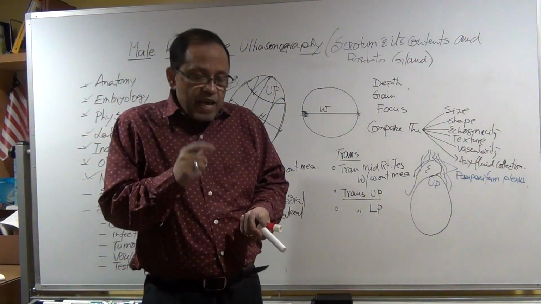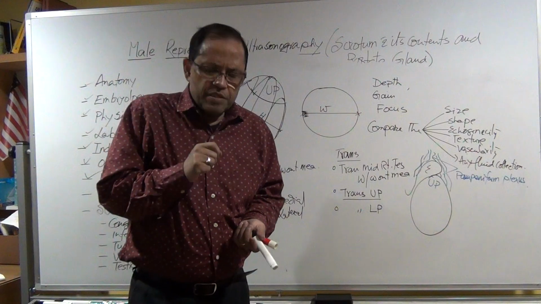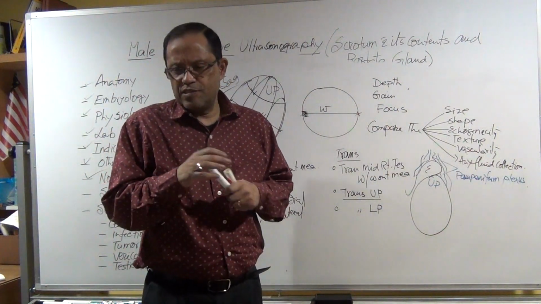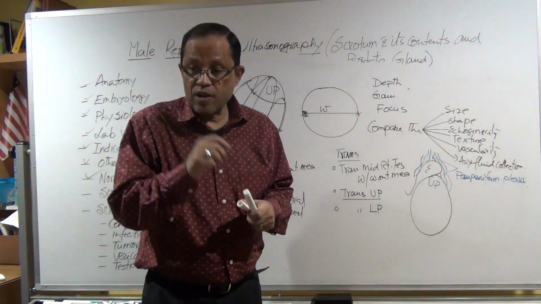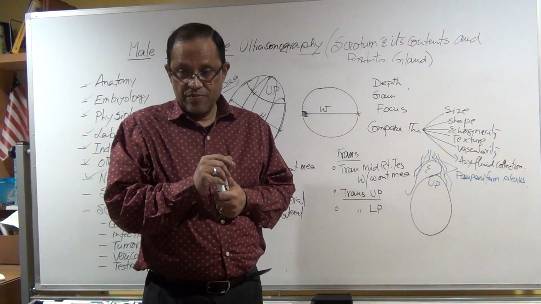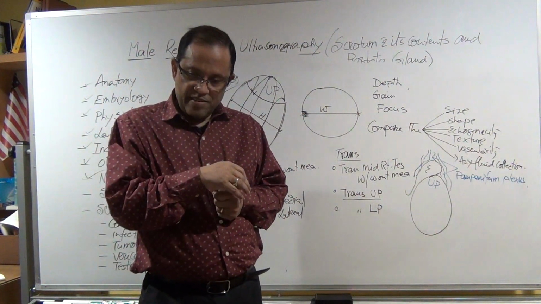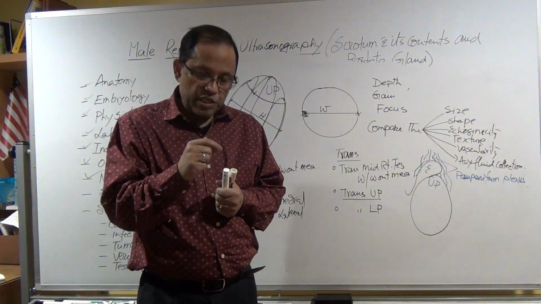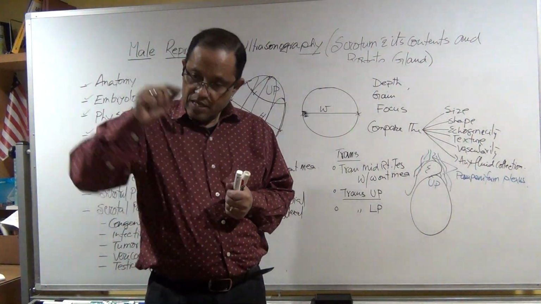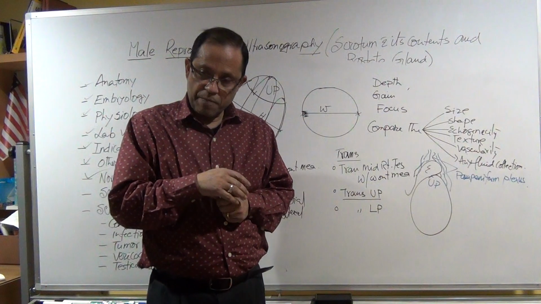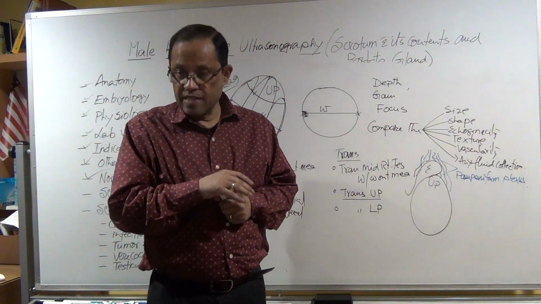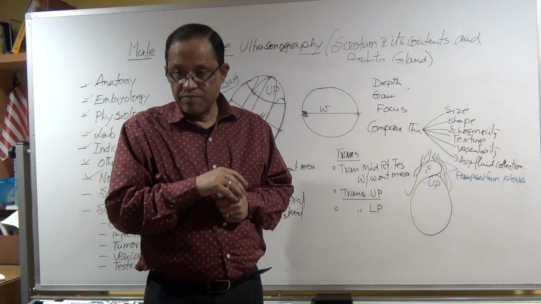Then you measure the thickness inner to inner, only the anechoic area. If it is greater than 2 millimeter, some books say 2.2 millimeter, only the height or diameter, it is considered as varicocele.